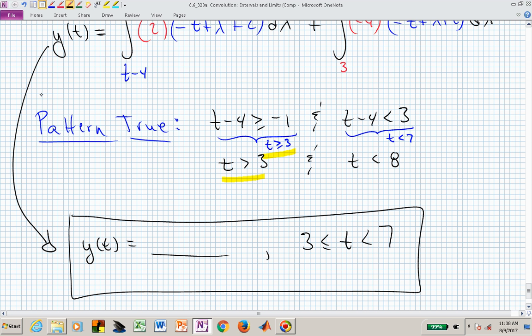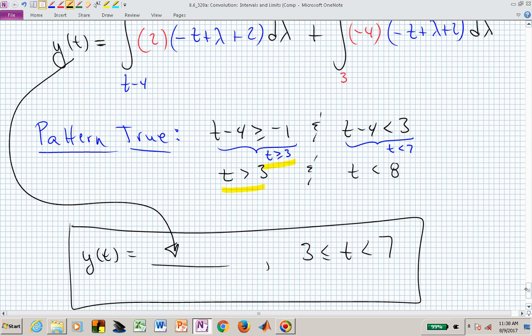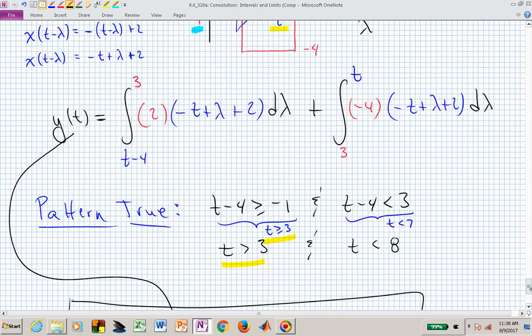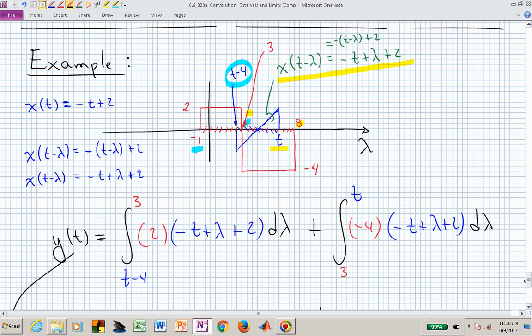This expression now, when you evaluate it, would give you the functional form for y, and that functional form for y would be true as long as t lives between 3 and 7, and those intervals were determined based on this overlap pattern and the relationship between the endpoints of the blue curve and the red curve.